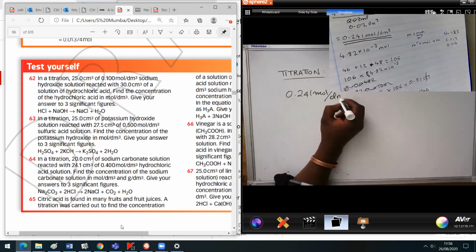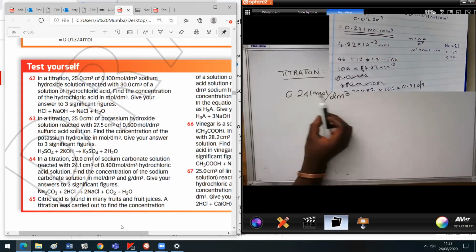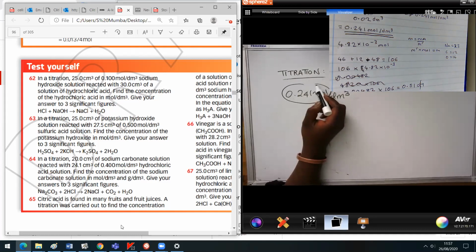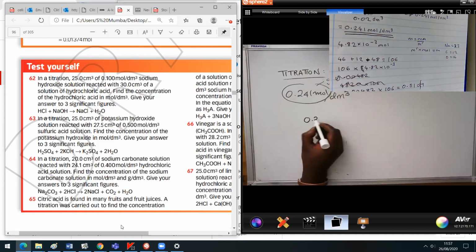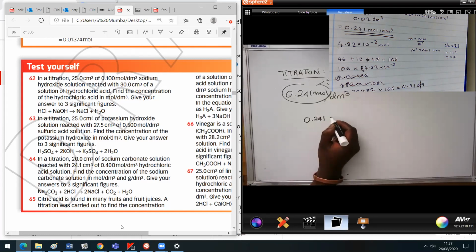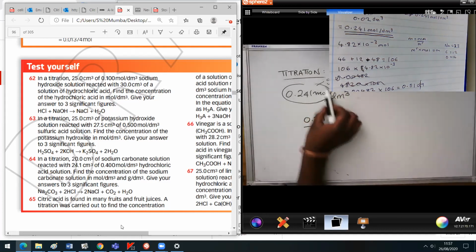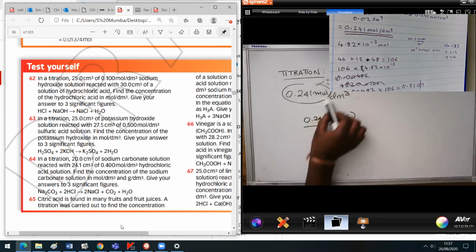Good. Now at this stage, if you know the moles per decimeter cubed, you just need to change these moles into grams. So you could have simply multiplied this 0.241 by the relative formula mass of sodium carbonate, 106. That would still be per decimeter cubed, because all you've done is change the moles at the top to grams.